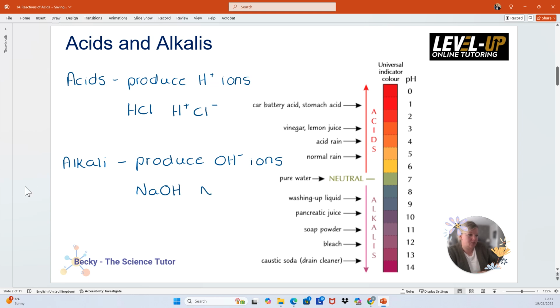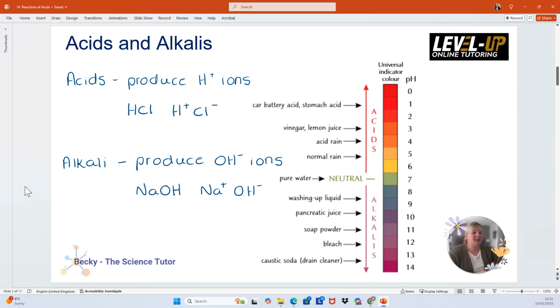Put into solution, that dissociates and produces Na+ and OH-. And the more OH- that are present, the more alkaline something is. And again, we're on that kind of scale dependent on how much it dissociates, how much of it breaks down, how many of those OH- ions we are producing.